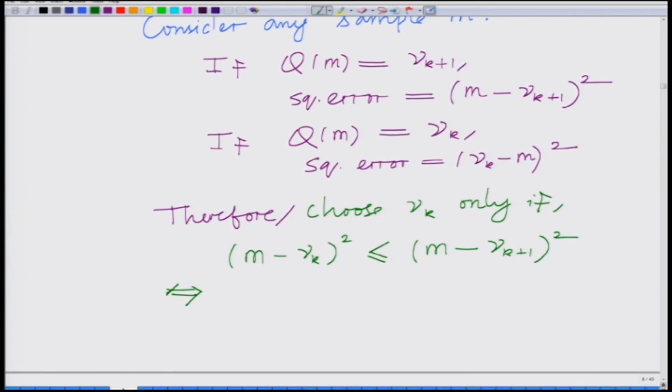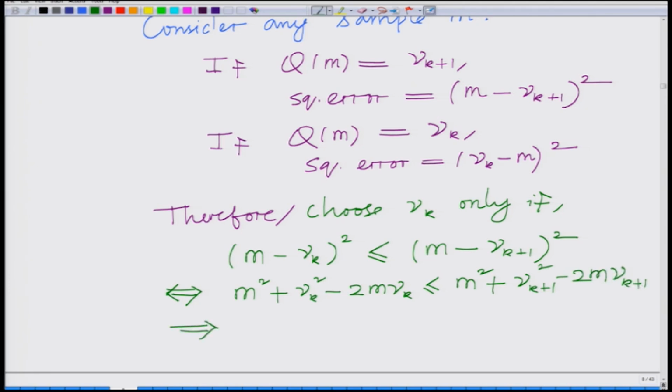Now simplifying this, it implies and is implied by m square plus nu k square minus 2 m nu k less than or equal to m square plus nu k plus 1 square minus 2 m nu k plus 1.